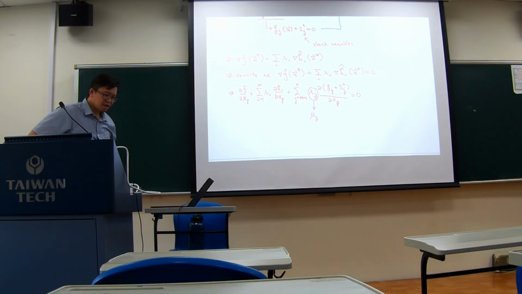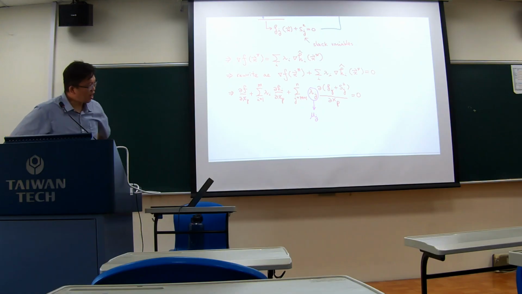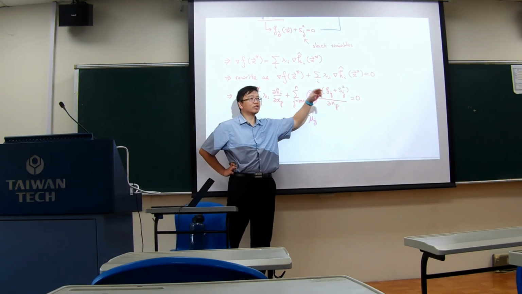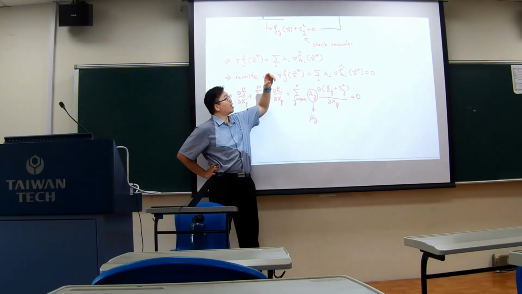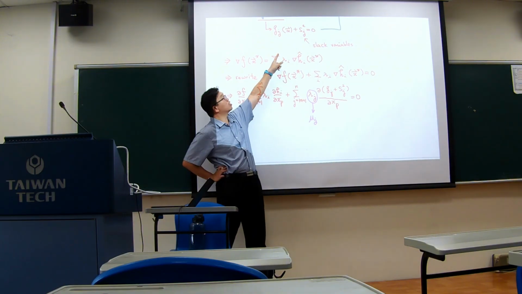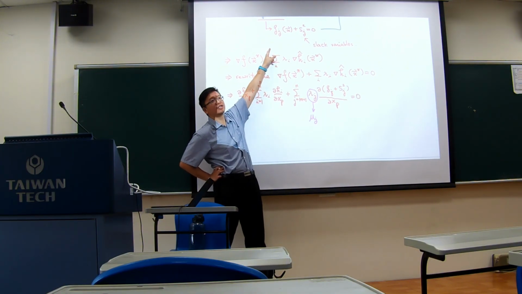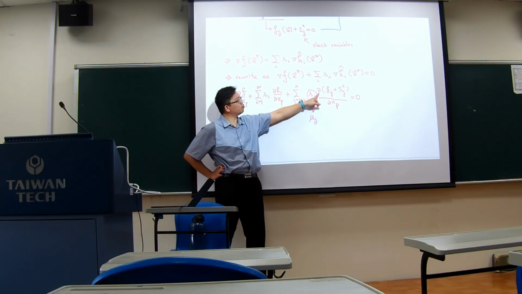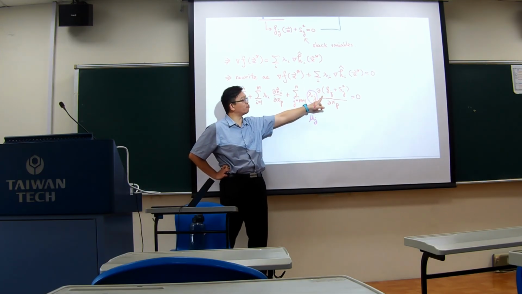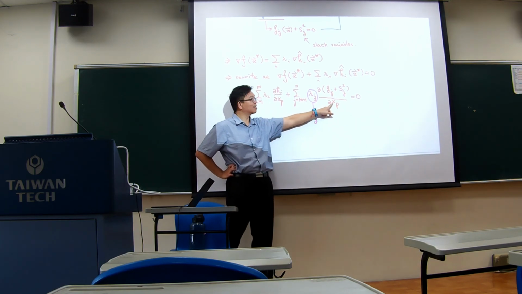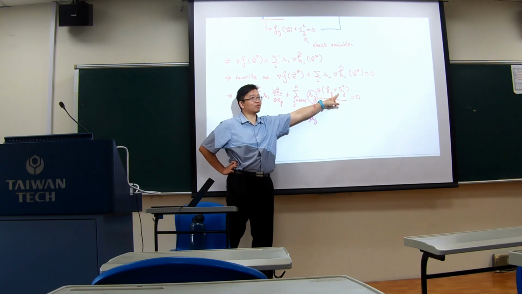Now, how about Sj right here? If you think about it, Sj would be the slack variable you introduce for the inequality. It has nothing to do with x. So if you do partial derivative of s with respect to x, they have no relationship.